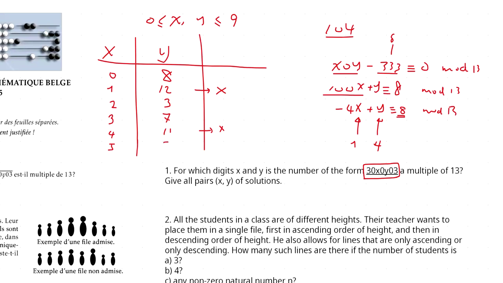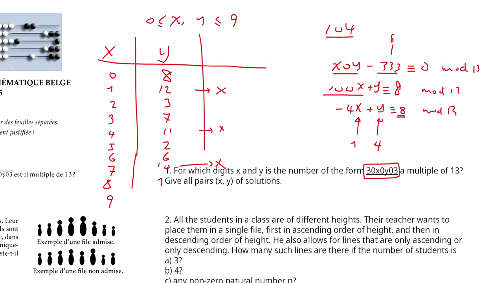And next is 6, and 2 plus 4 is 6 as well. And x equals 7 gives 10, so 7 and 10 is also no solution. And x equals 8 gives us 1, because 14 minus 13 is 1. The next is 9, and 1 plus 4 is 5.